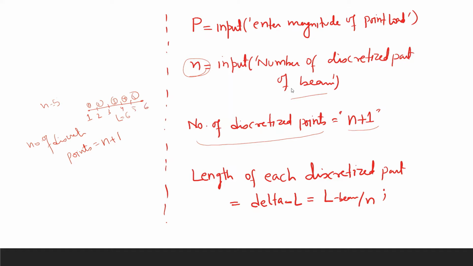So for 5 parts, it would be 5 plus 1, that would be 6 points. So one more than the number of parts. So the number of discretized points would be n plus 1.